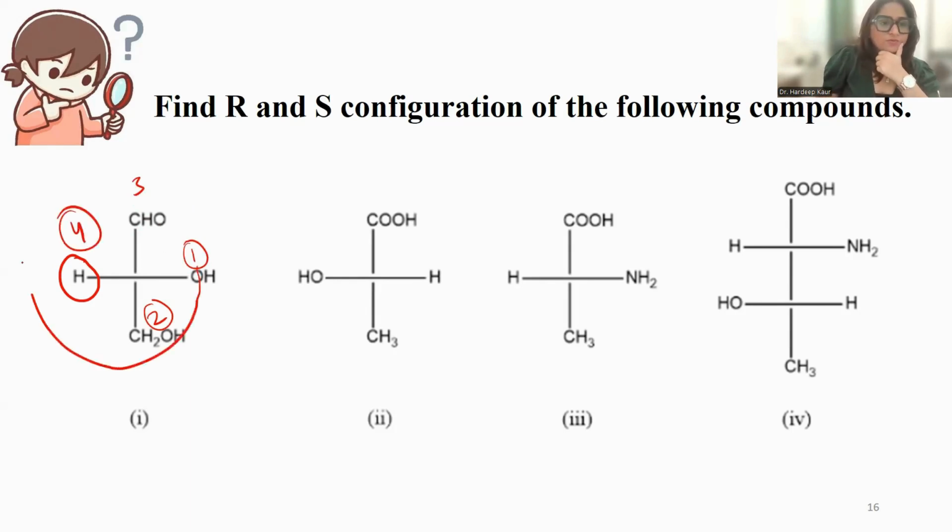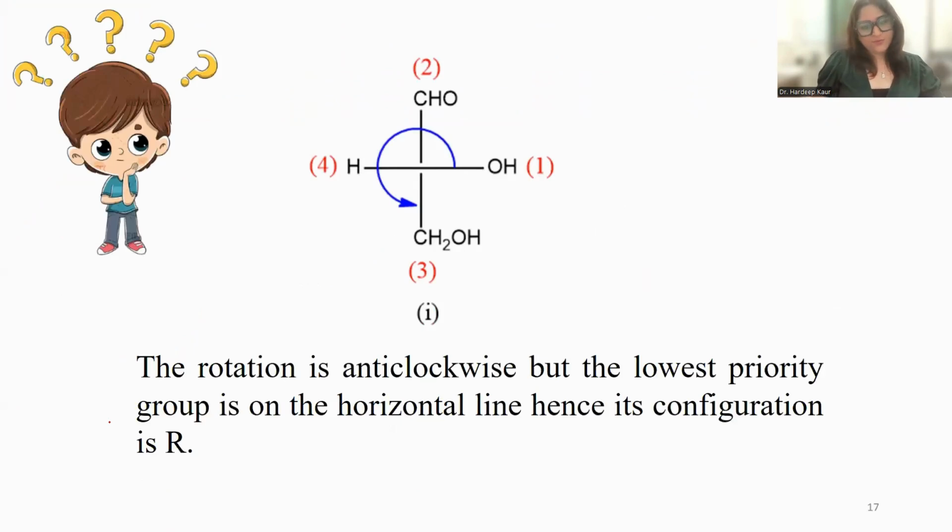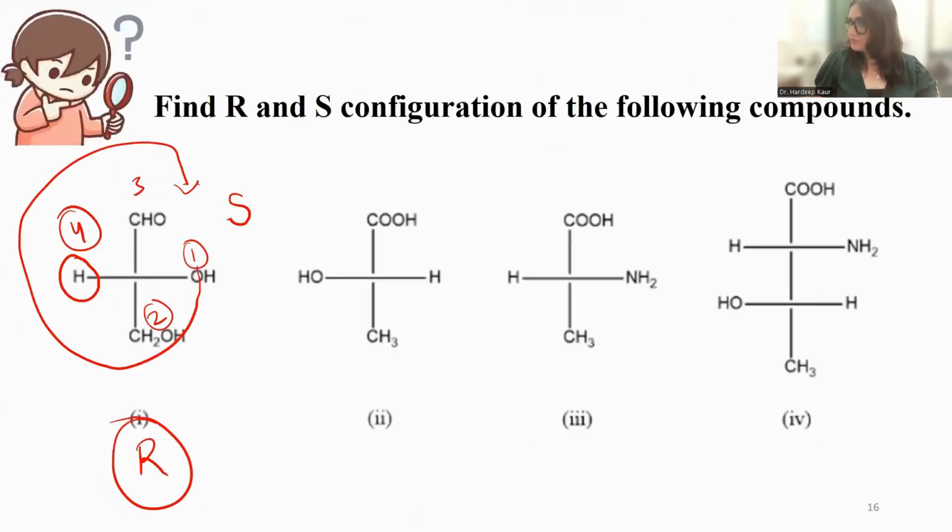According to the rule, its configuration should be S. But because H is not at the bottom, we have to exchange this. Because of that, you will get the R configuration. So whatever I had told you, I have already explained here. The orientation is clockwise, but the lowest priority group is on the horizontal line, and its configuration is R, whatever we have talked about in this example. Same.